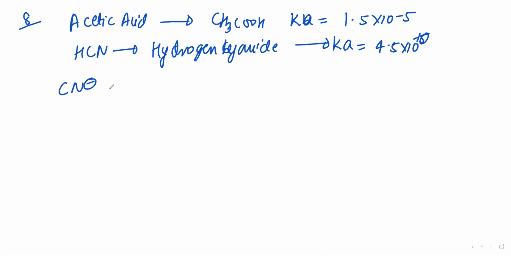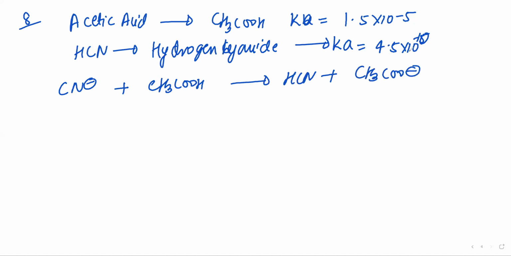So CN minus, the cyanide ion, reacts with acetic acid. It forms HCN plus CH3COO minus. This was asked in 2009. Right.